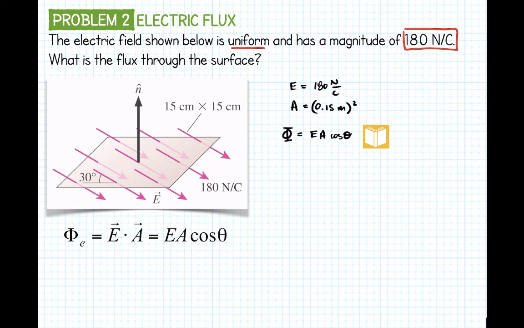The angle given to us is the angle between the tail of this vector and the surface, and that's 30 degrees. But that's actually this angle, and we need the angle between N and E. So the E dot A angle, and that means we need this angle.